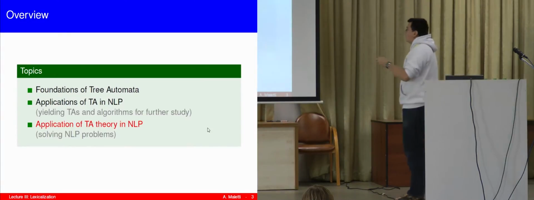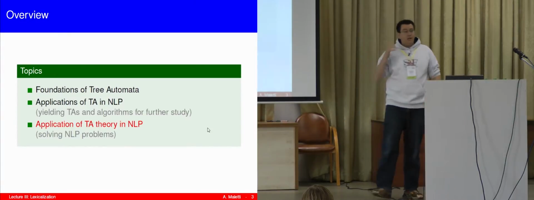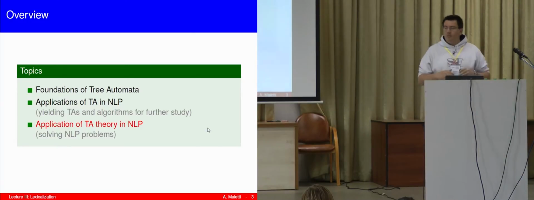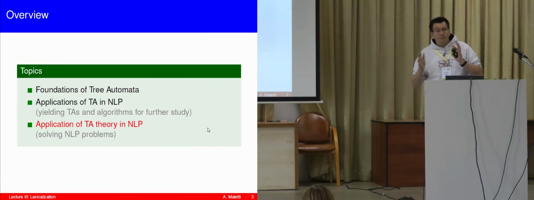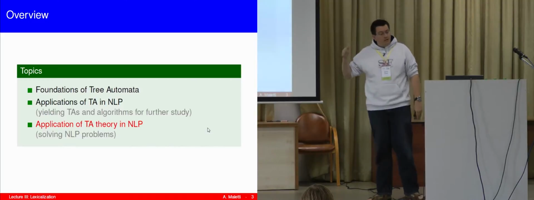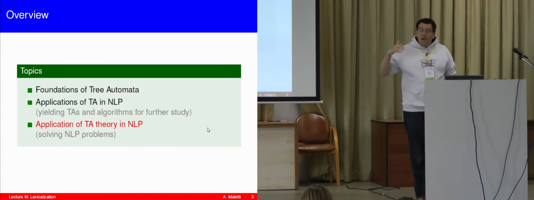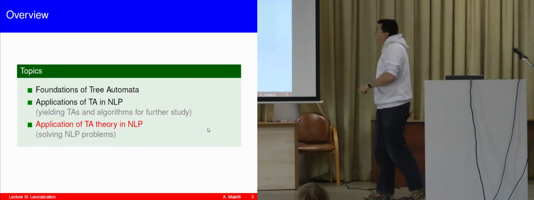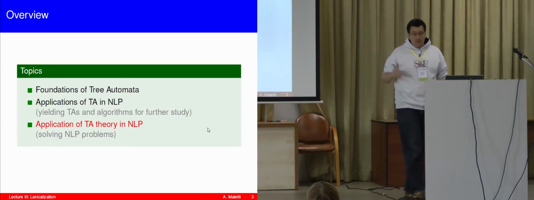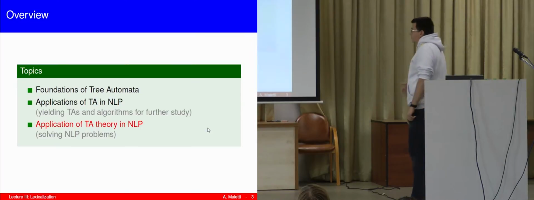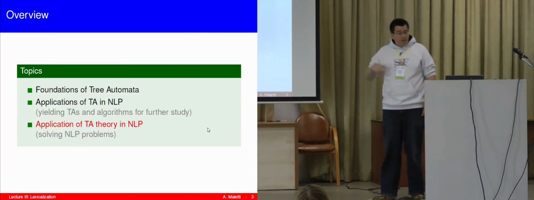What did we do so far? I gave you an introduction on the foundations of tree automata, right? So you should, by now, I wouldn't say be comfortable with tree automata, but at least you should have some idea what they do. And we'll, of course, see all those models that we had yesterday again and again. I also tried to show you how you can actually use those devices in natural language processing, in the parsing application. I showed you that all of the state-of-the-art parsers, at least for English, are tree automata.